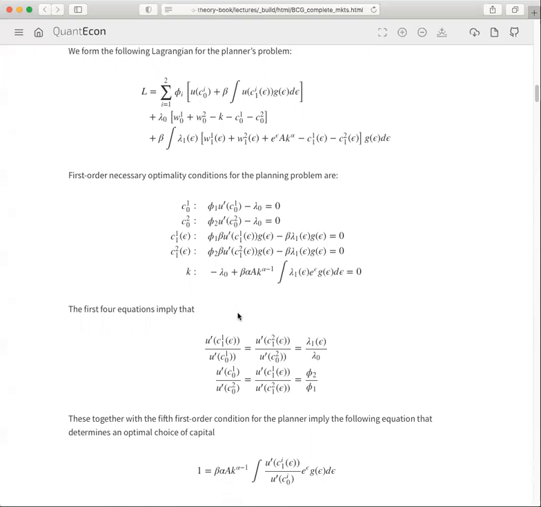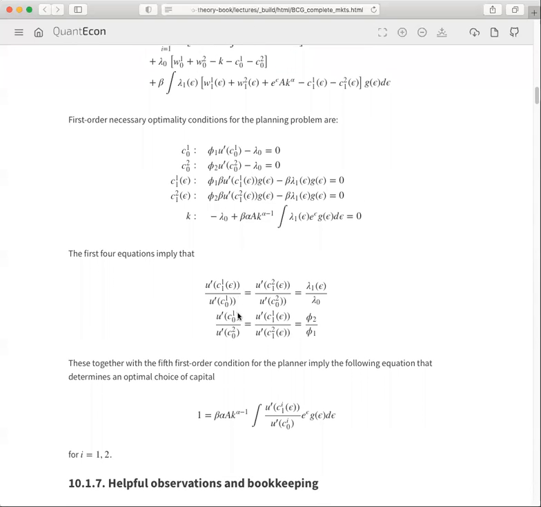And if I rearrange these first four equations, I get this condition. I get these ratios of marginal utilities between the first and the second period in state epsilon, which look like this. It's because of the way I scale the multipliers.